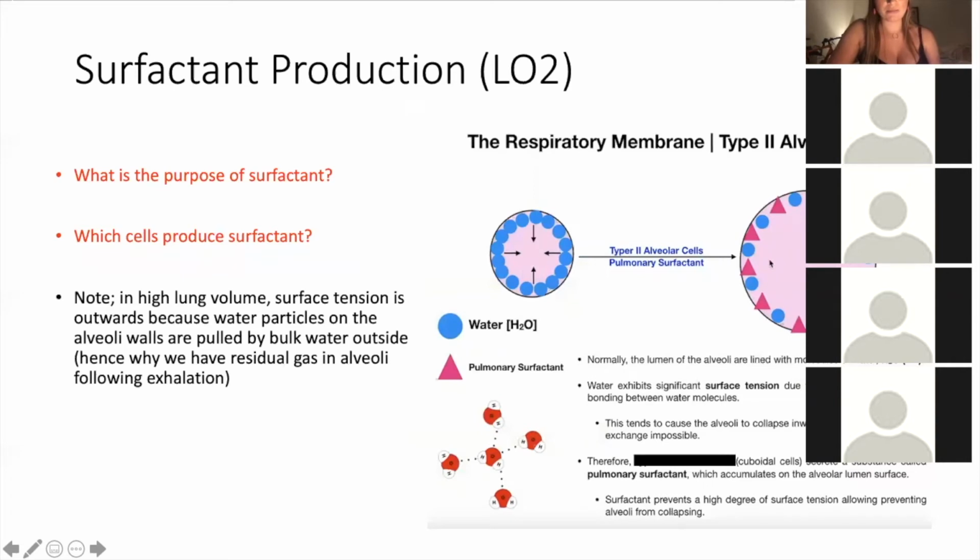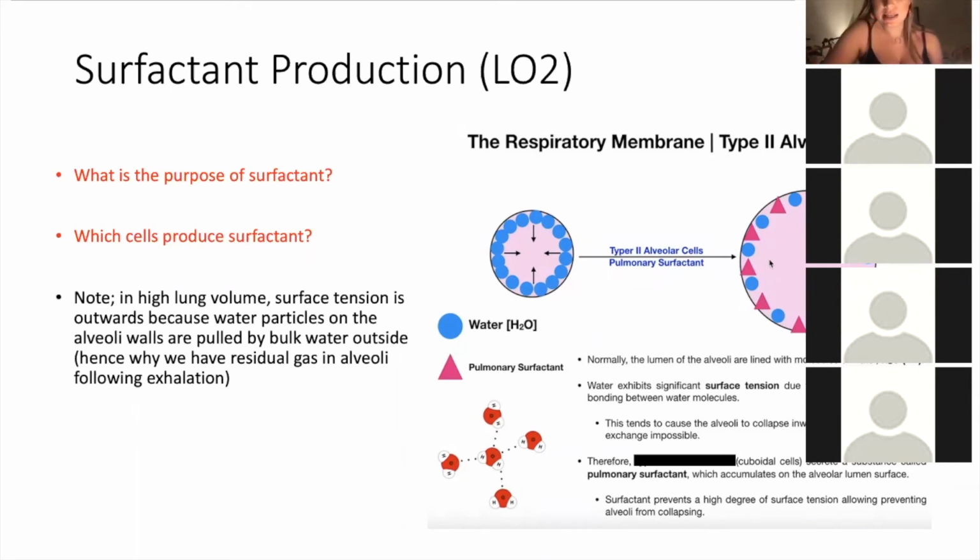So surfactant production. Does anyone know the actual purpose of surfactant and why we actually need it? No? Okay, so we need surfactant to reduce surface tension at the air-water interface of the alveoli, and it prevents them collapsing.